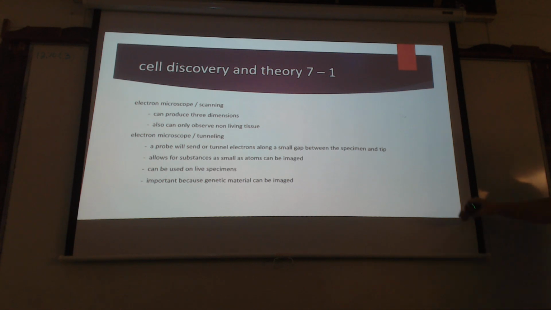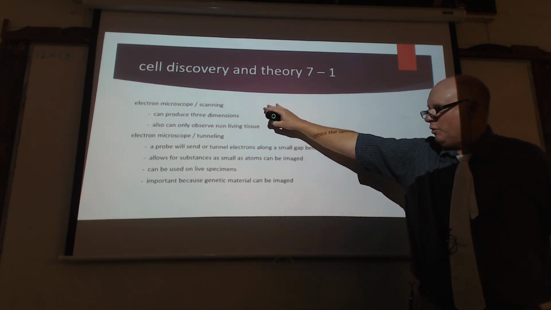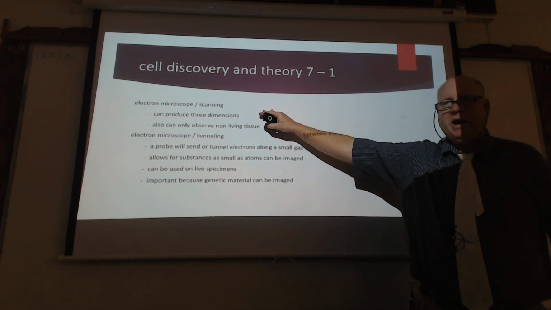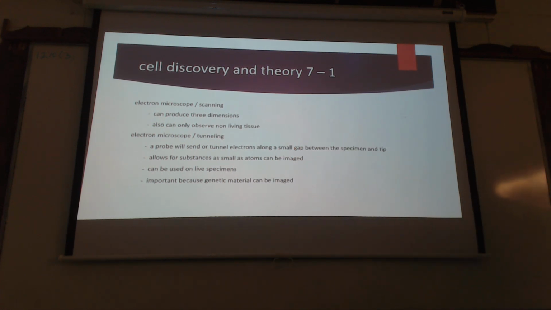So if this is an advantage over a transmission electron microscope, which it is, what might it have in common with that? What does the tissue have to be in order to view it? What does it say? Yeah, it has to be dead tissue or non-living. I believe it says that.